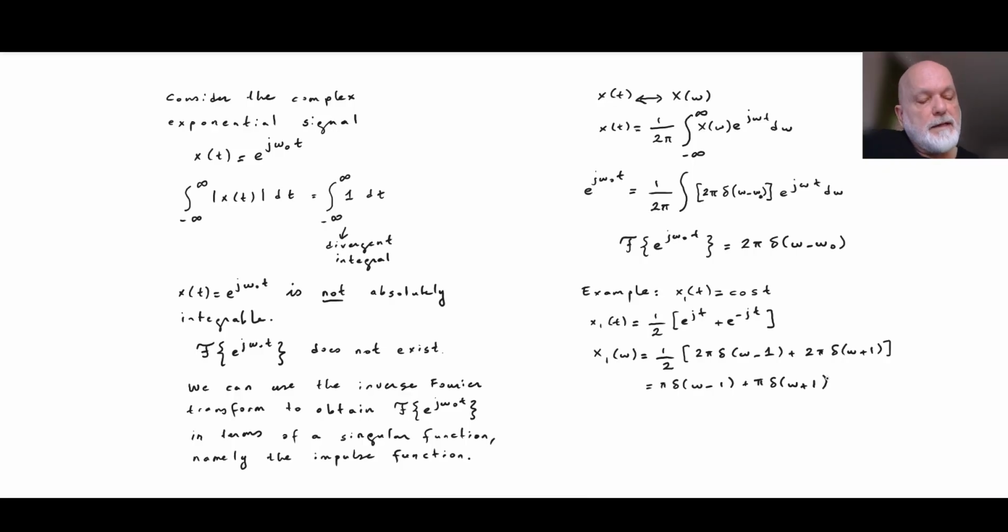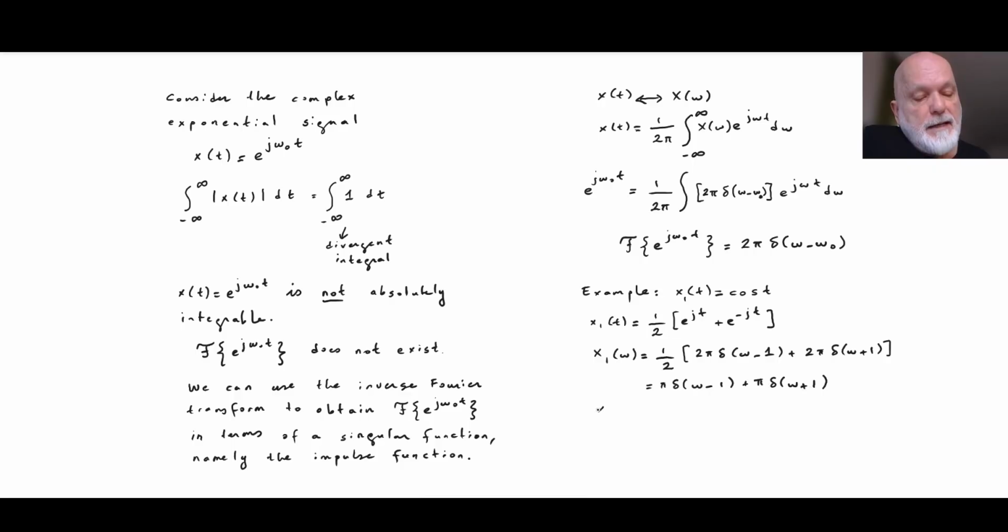So we have the two frequency components with frequencies 1 and minus 1, and therefore we have these two impulses located at omega equal to 1 and omega equal to minus 1.